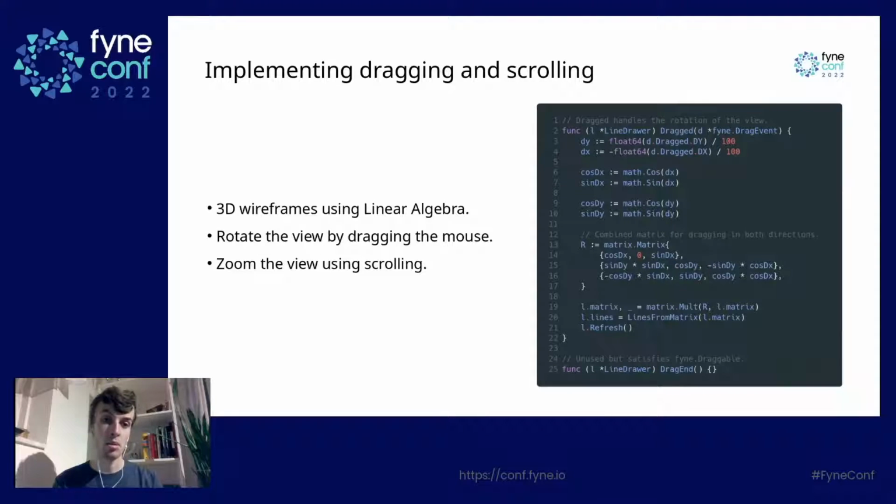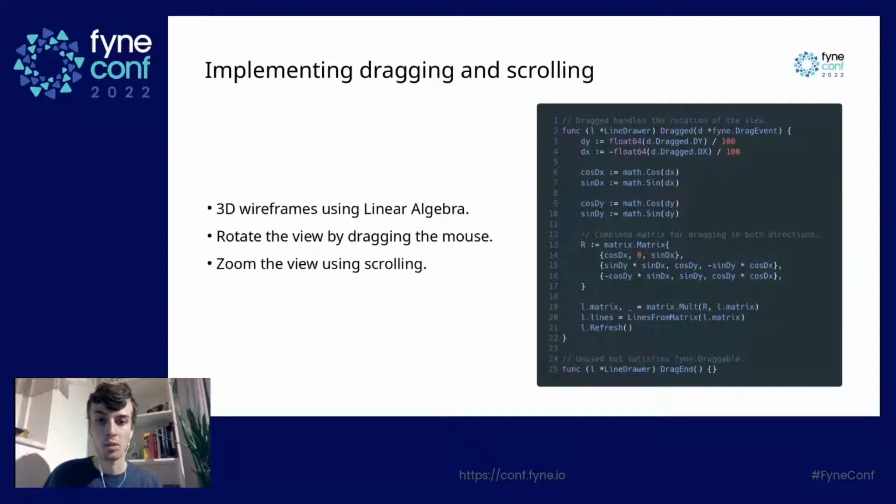So the dragged method, we take our drag event and then we calculate some cosine and sine into a rotation matrix, to make sure that we move around all the points or lines accordingly, and then we call refresh on our widget to make sure that it is updated on the screen.